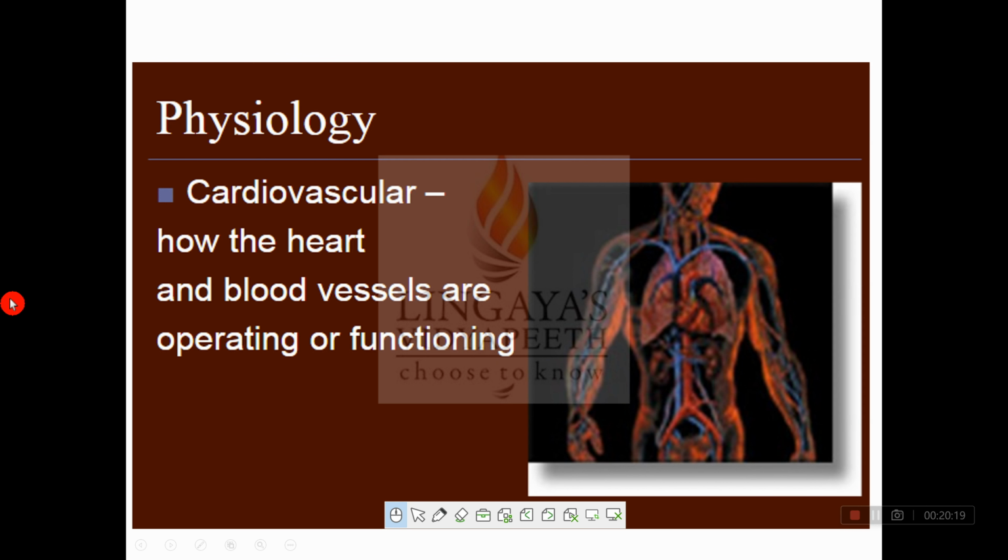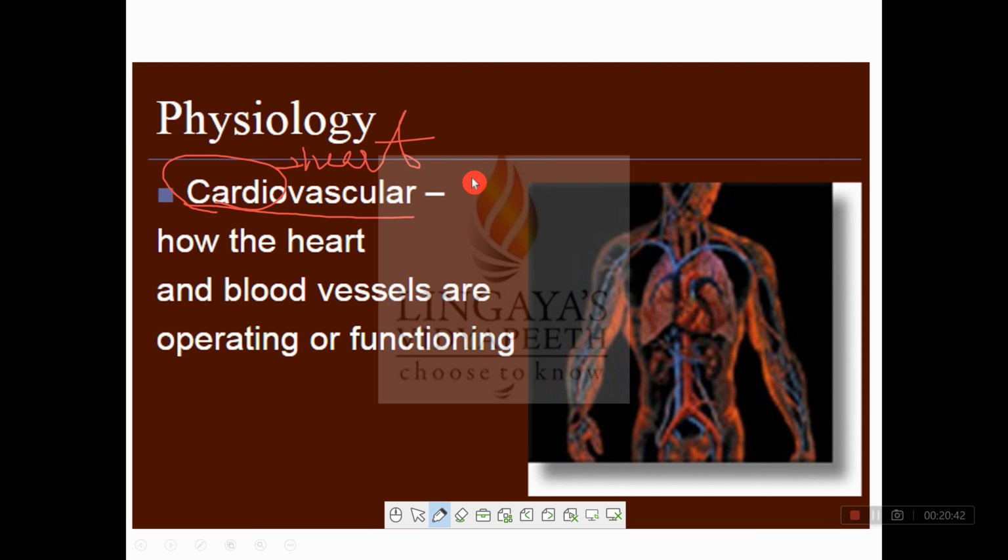Now, for understanding physiology, the body is divided into different systems that perform different functions. So, one such system is the cardiovascular system. As the name suggests, the word cardio is related to the heart. Alright.